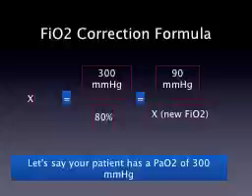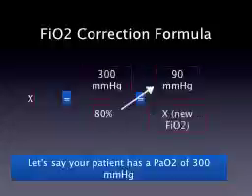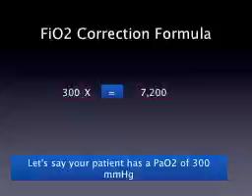Now to solve this is just a simple dimensional analysis. I cross multiply both sides. 300X will equal 80% times 90. So 300X equals 7,200. Now this has become a basic linear algebra problem. I want to get X all by itself, so I'll divide the left side by 300.